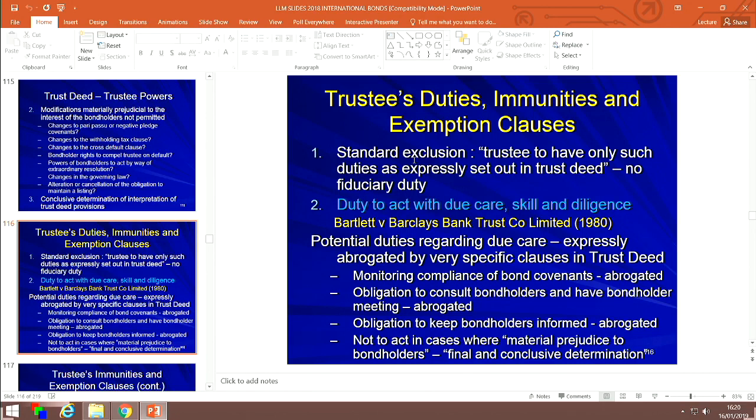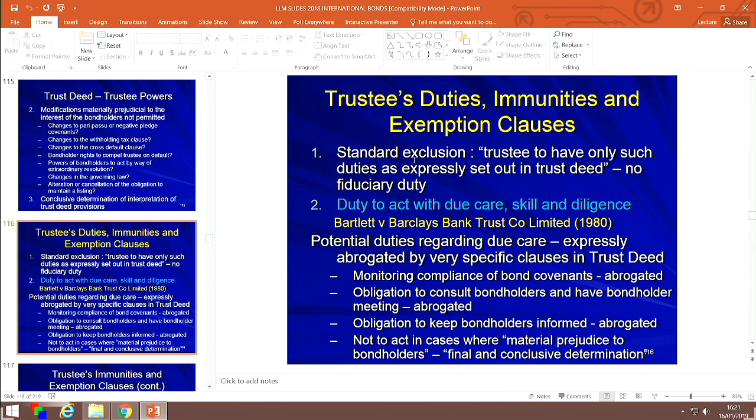Now, the trust deed contains your usual standard exclusion clause, which says the trustee shall have only such duties as are expressly set out in the trust deed, and no others. It's the same clause you saw in the agent bank clauses in a syndicated loan. No duties other than those expressly set out in the trust deed.